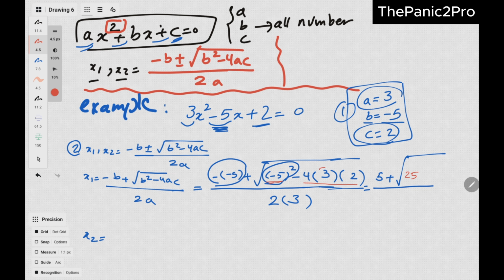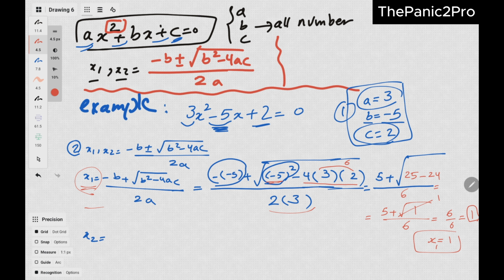All the multiplication, this is 6. And 4 by 6 is 24. And this is 6. Again, simplify that. We're going to write them down: 5 plus the square root of 1, over 6. Square root of 1 is 1. 5 plus 1 is 6 over 6. It's 1. So then x1 is 1.